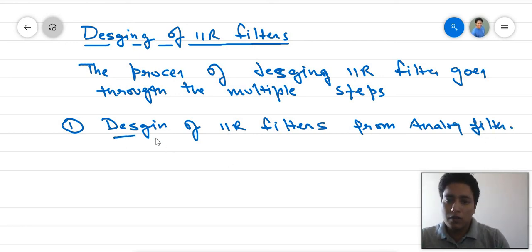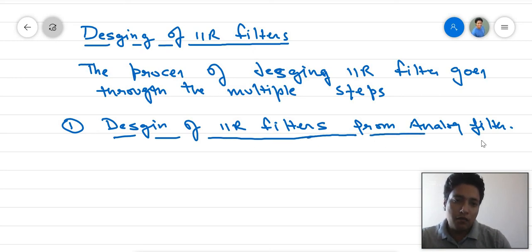So this is our first point, that we want to design an IIR filter from the analog filter.